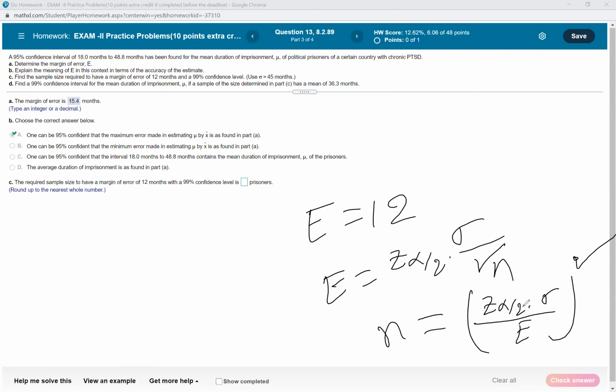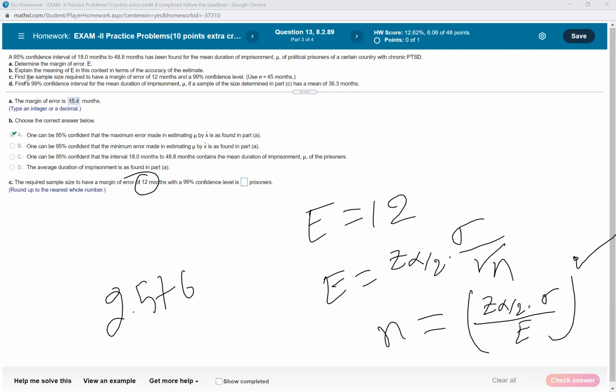This is the formula to find the sample size. You have to calculate the z alpha over 2. In this case, I think this is 2.576. Sigma is given, which is the population standard deviation. And E is given, we want the margin of error to be 12. Now you have to plug in all the numbers and find n, the sample size.